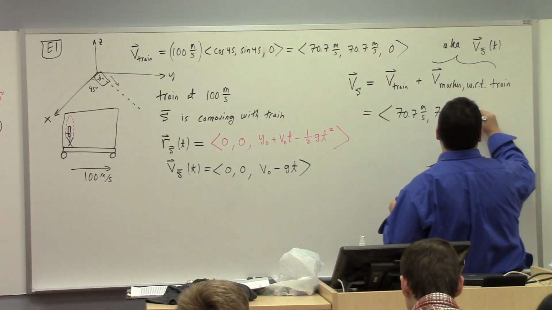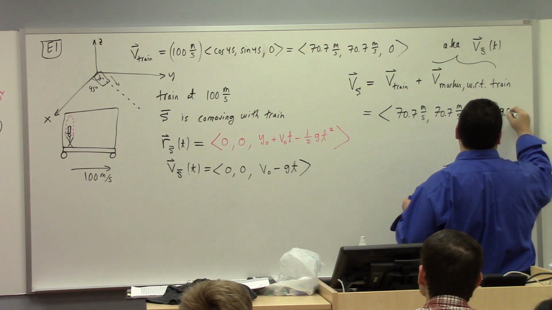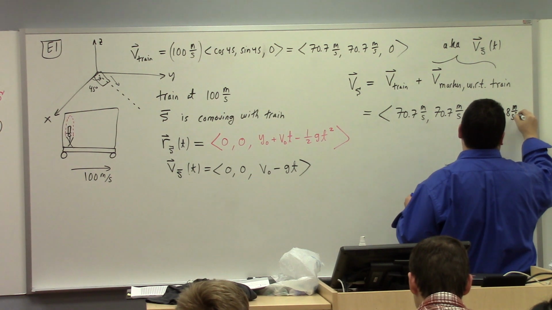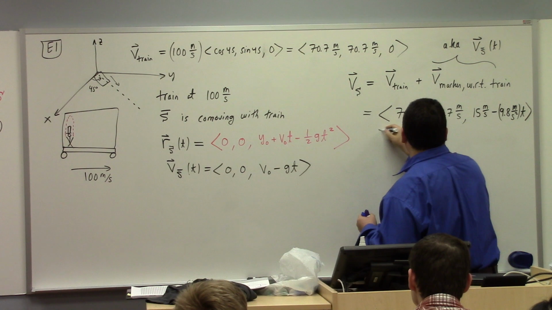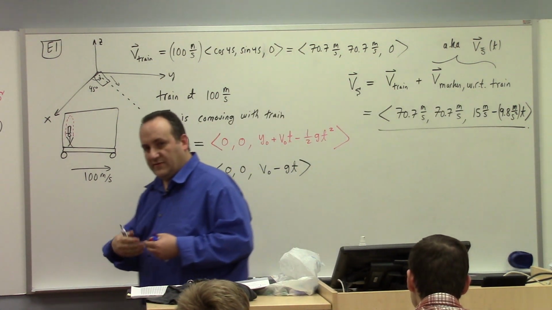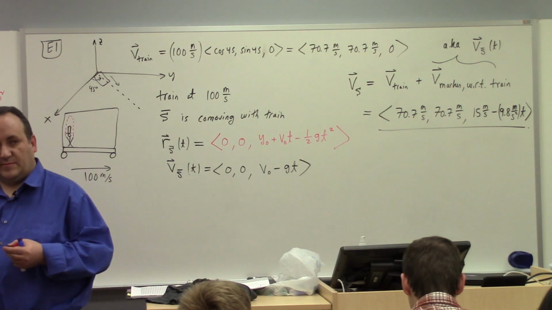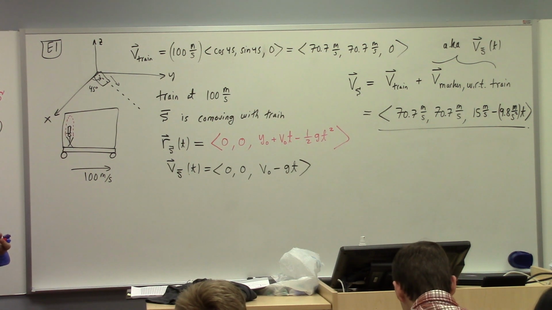So 15 meters per second minus 9.8 meters per second squared times t. And there you go. That's the velocity of the marker that's being thrown on a train, which is going at 45 degrees standard angle across the xy plane with a speed of 100 meters per second, assuming the marker was thrown upwards with an initial velocity of 15 meters per second.